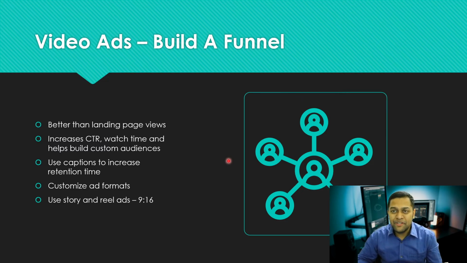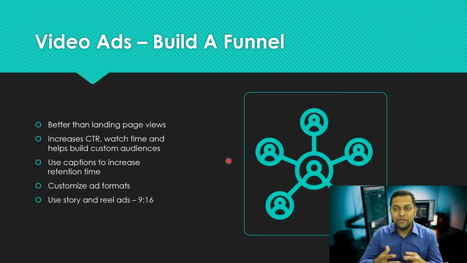So running a video ad is great for brand awareness, but it's also good to prime your audience. And what I mean by that is, if you are reaching a cold audience and if you want to identify people who might be interested in your products, then run a brand awareness ad using video.